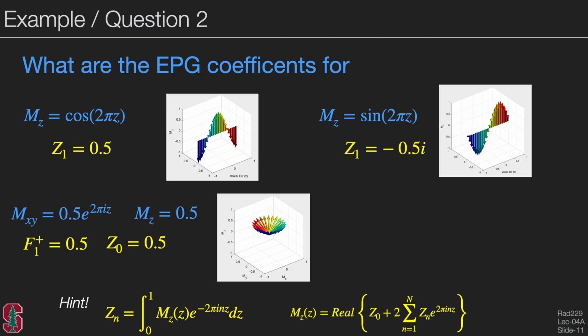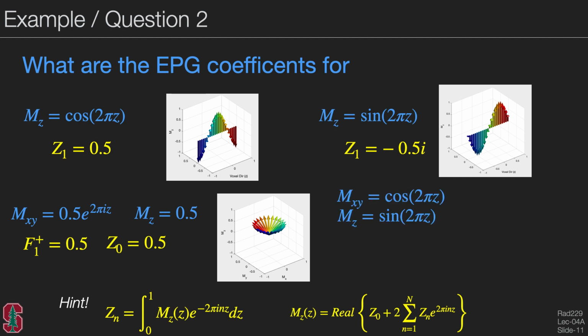So this corresponds to F plus of 1 of 0.5. But we also have longitudinal magnetization, and this is in the z0 state, so it's not doubled in the transformation. So we have z0 equals 0.5, and this gives us basically a dephased cone, if you will, but it's really a dephased disk because the longitudinal magnetization is actually constant across the voxel.